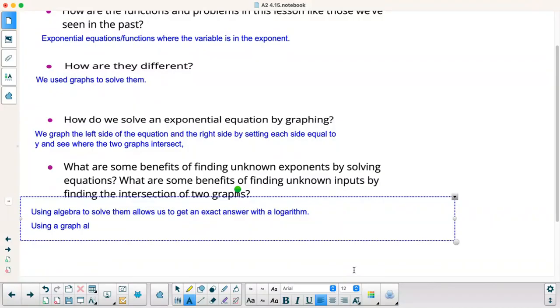Using a graph allows us to get a decimal answer very quickly.